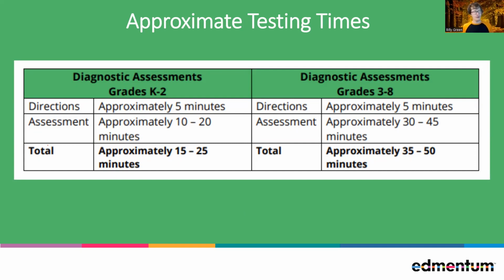For K2, the assessment itself should take about 10 to 20 minutes. Obviously, they're younger kids. The setting for a full assessment is not going to be appropriate for any longer than that. So allot between 15 and 25 minutes from giving the directions to proctoring the assessment to the end of it. For grades 3 through 8, it's going to be a lot more rigorous. So again, set those expectations for the directions, but then the assessment is going to be between 30 and 45 minutes for those intermediate middle grades.